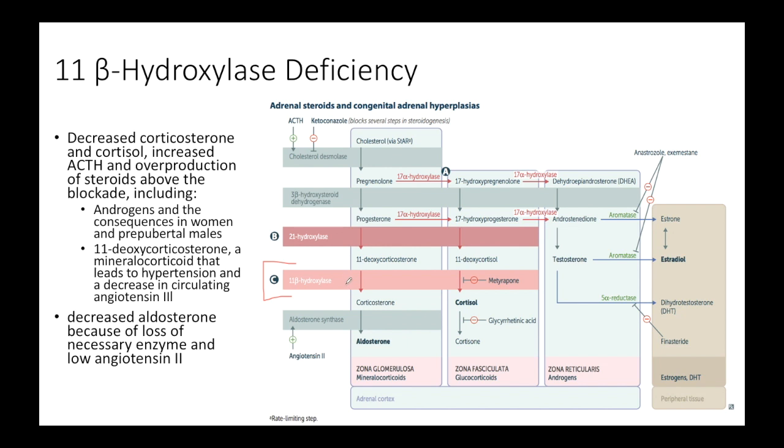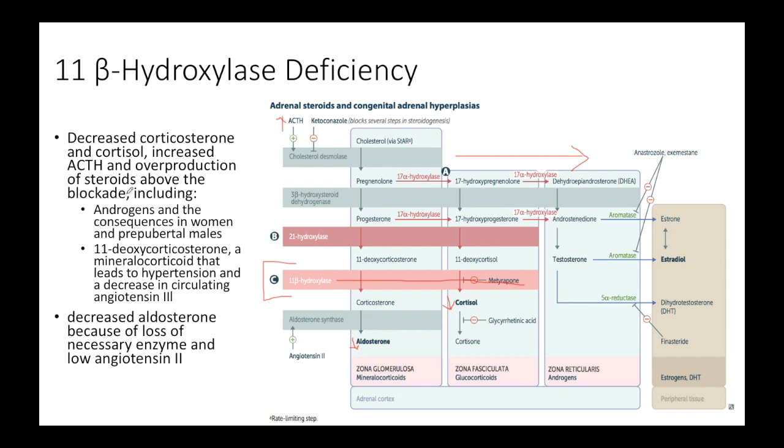So this deficiency is going to cause, again, decreased cortisol, decreased aldosterone, and also a push towards androgen synthesis. And again, because we have decreased cortisol, we do have increased ACTH, trying to compensate for that, and also overflushing this system.